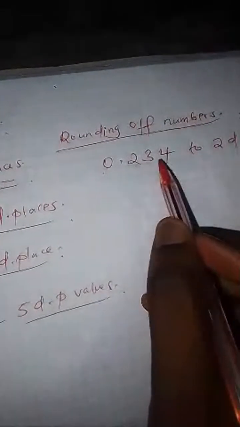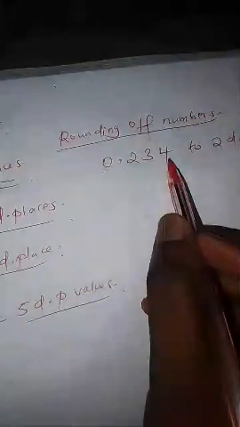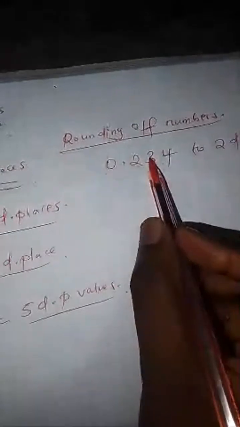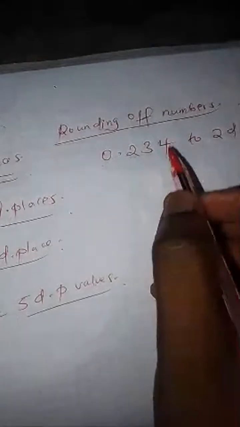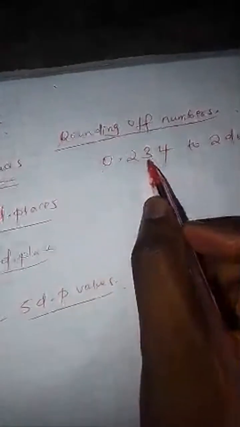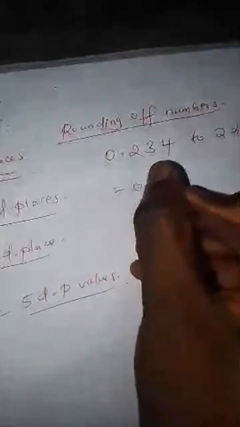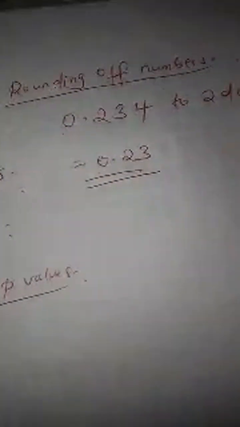So you're going to look at the last digit. If it is 5 or more, you shall add 1. If it is less than 5, it shall remain the way it is. So when you write 0.234 to 2 decimal places, my answer shall be 0.23. I'm not going to count this because it is in the 3rd decimal place. So my answer here is now in 2 decimal place value.